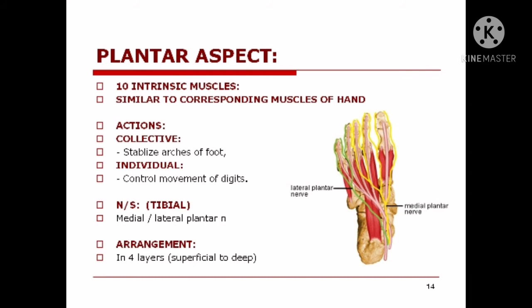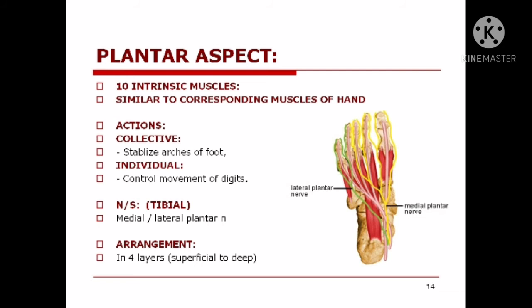Their nerve supply is from the medial and the lateral plantar nerves. Both are branches of the tibial nerve, and you know, the tibial nerve is a branch of the sciatic nerve. The tibial nerve supplies the flexors. The peroneal nerve supplies the extensors.